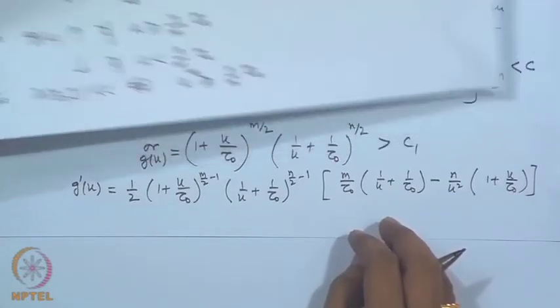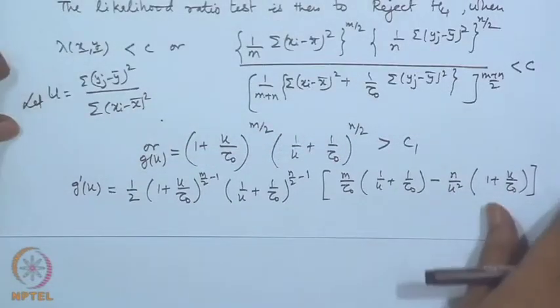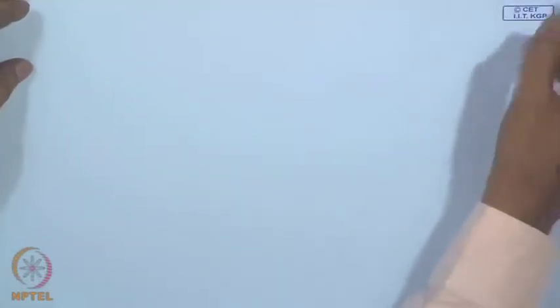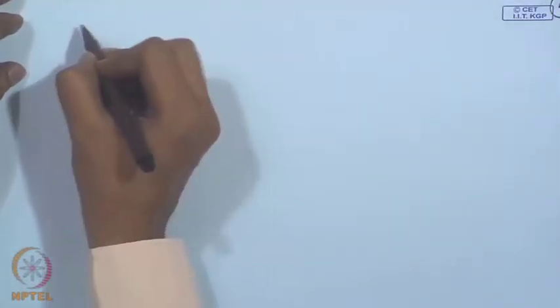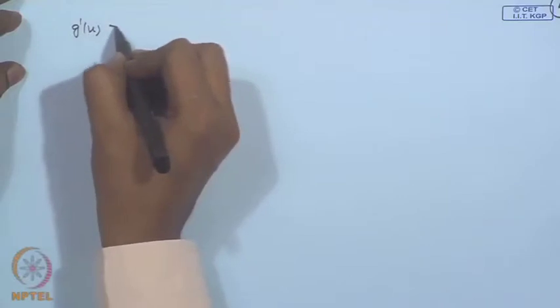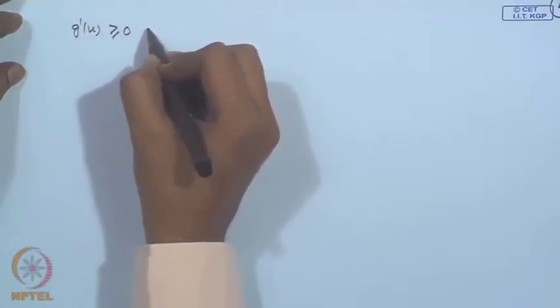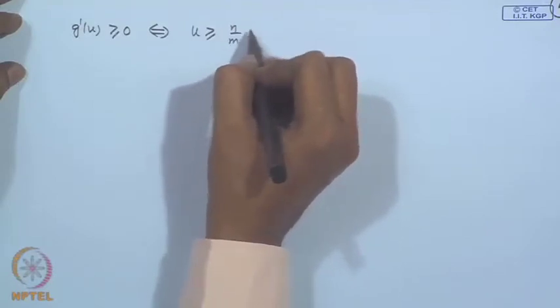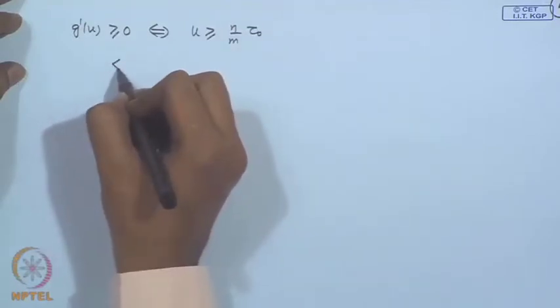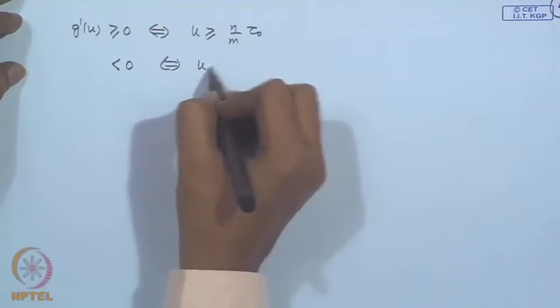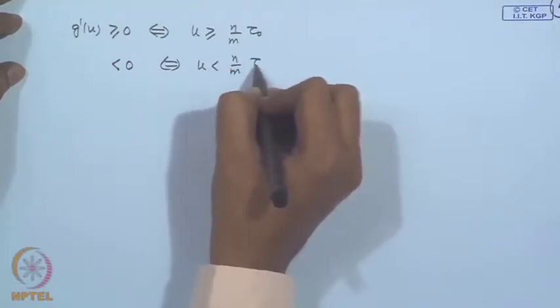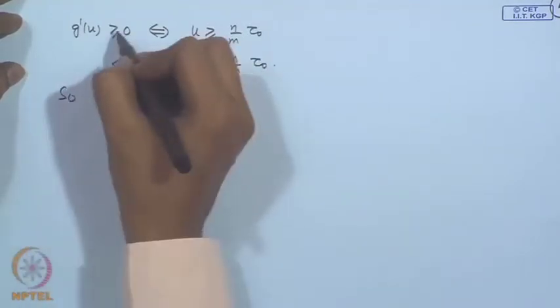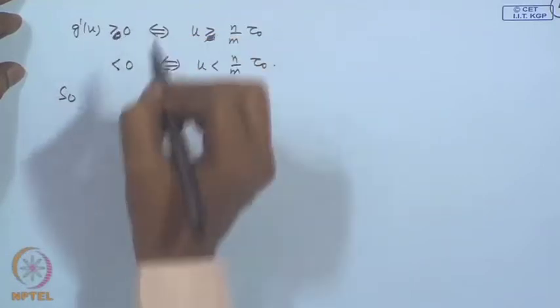And this we can see as G prime u, it will be greater than or equal to 0 if and only if u is greater than or equal to n by m tau naught, and it will be less than 0 if u is less than n by m tau naught. So, in fact, I can say greater here, greater here.